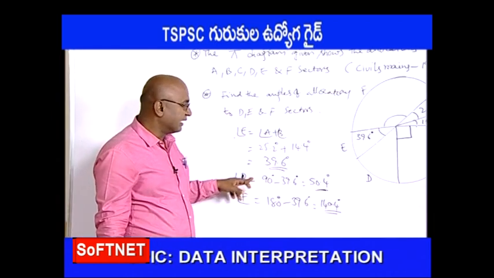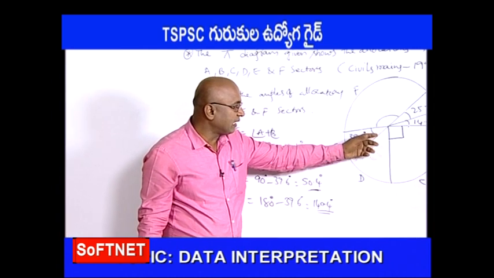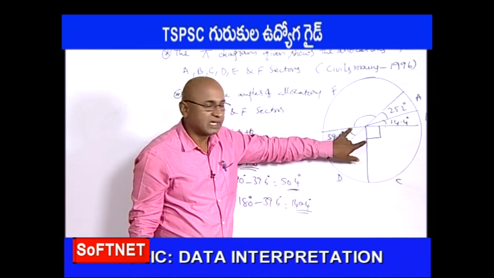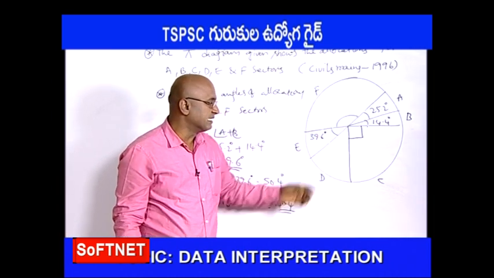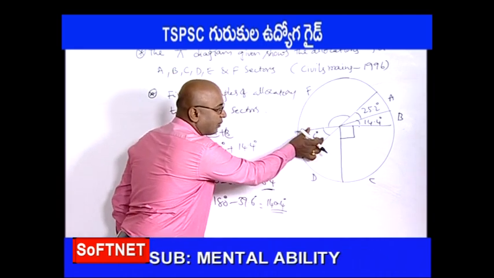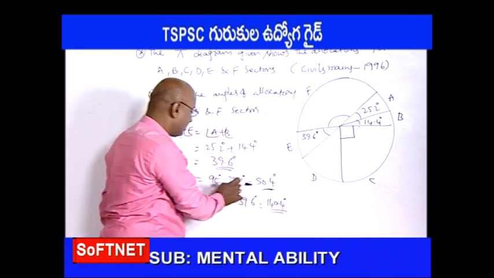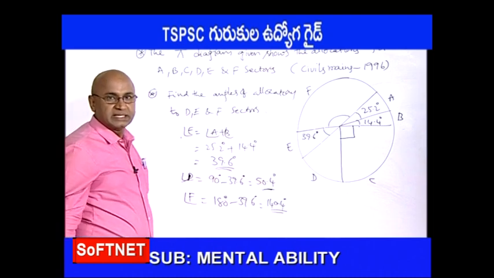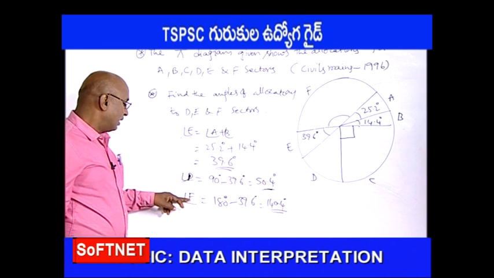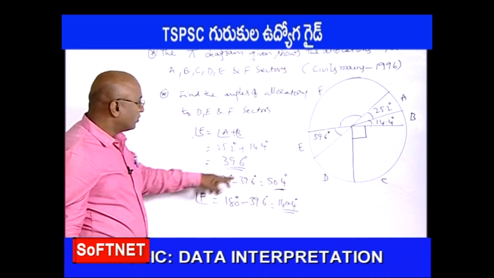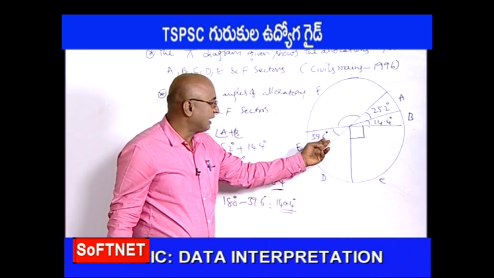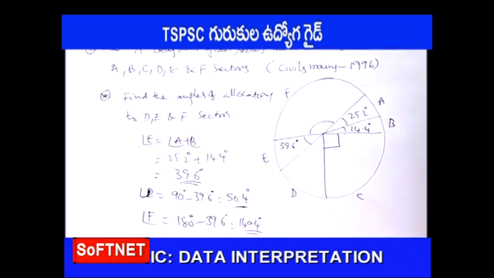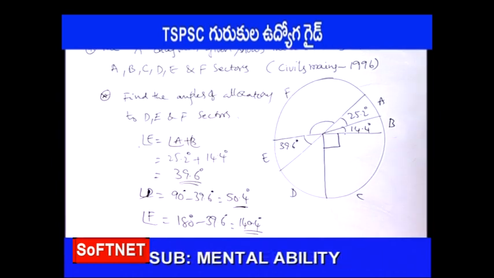And angle D, the angle in a quarter circle is 90 degrees. So if it is 39.6, the remaining is 90 minus 39.6, that is equal to 50.4 degrees. And angle F is equal to 180 degrees total angle minus 39.6, that will give you 140.4 degrees.